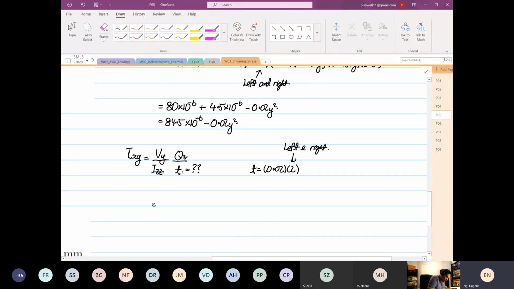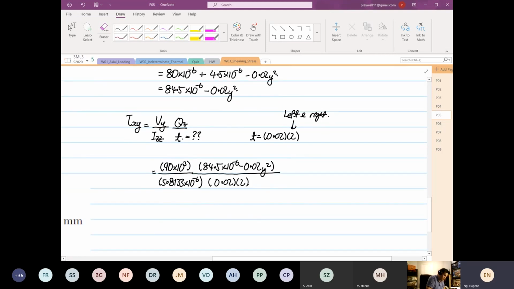Okay, so from here, we write down the expression. So this will be equal to 90 times 10 to the power 3 divided by Izz, which is 5.8133 times 10 to the power minus 6. Then multiply by 84.5 times 10 to the power minus 6 minus 0.02 y squared, divided by the thickness, which is 0.02 divided by 2 for the left and right.